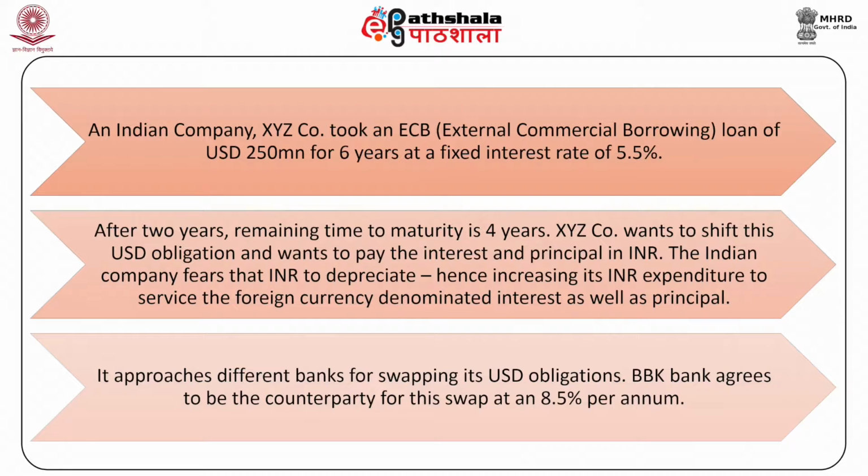It approaches different banks for swapping its USD obligations. BBK Bank agrees to be the counterparty for the swap at 8.5% per annum. Once both parties agree, the following swap payments happen between XYZ company and BBK Bank.